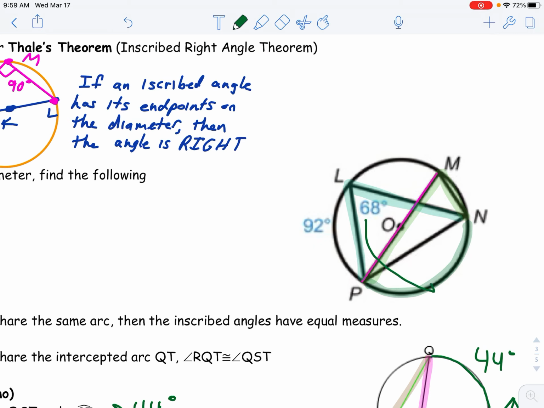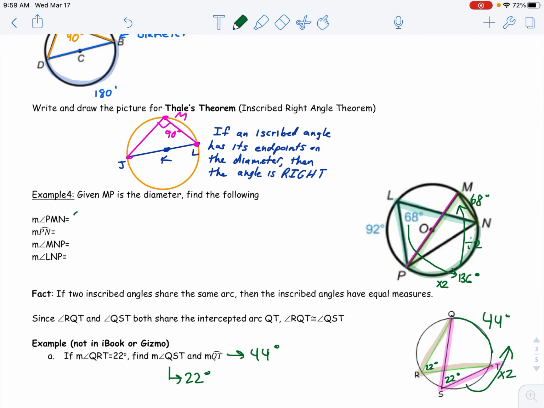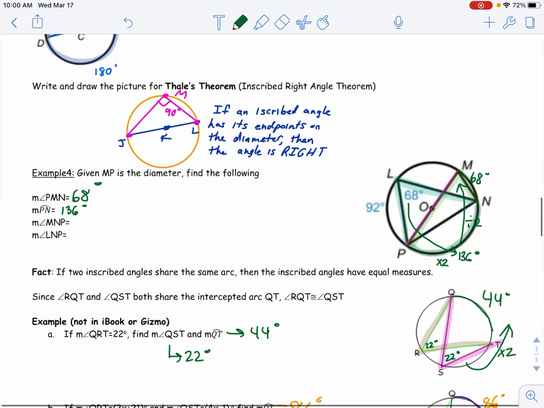So to go from here to find this, I'm just going to multiply 68 by 2, and it's 136 degrees. Which means to find that angle, all I got to do is divide by 2, or I could identify that it's just the same number, 68 degrees. I really just found measure of arc PN because of that as well. So cool. Knocked out two things.